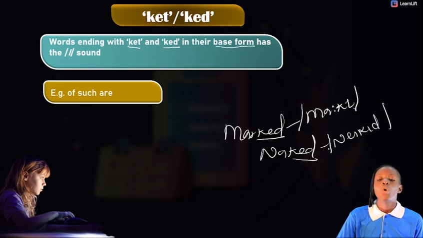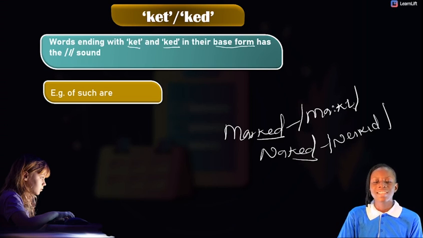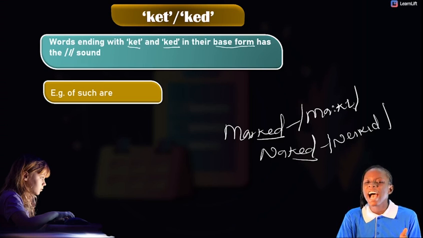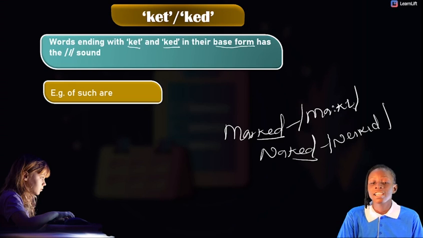transcribed as this. We can evidently see that our marked that ends with KED in its past form doesn't have the E sound, but our naked, with KED in its base form, has the E sound. I'll take it again.